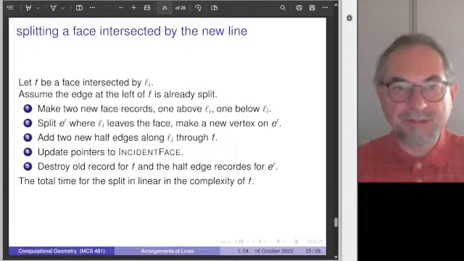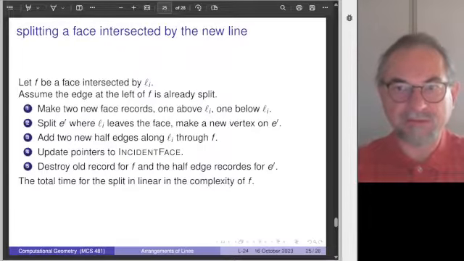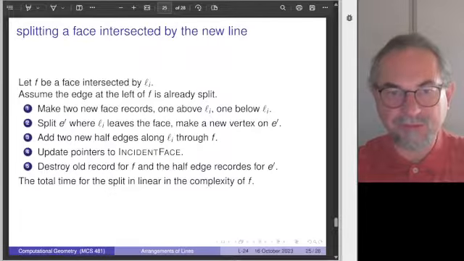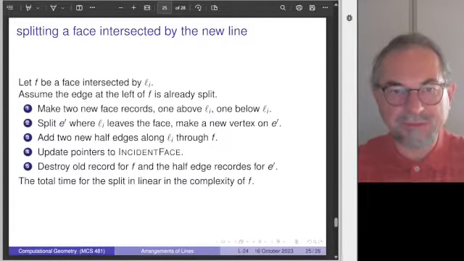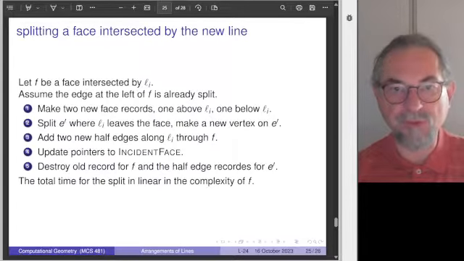So how do we split a face? Well, we have the above and the below. We may have the left and the right as well if you have a line that goes more vertically. But you have two sides in any way. So we split the edges where the line leaves the face. We know the vertex where we are leaving. So we will make new edges and also make sure that we have this doubly connected edge structure, so every edge has a twin.